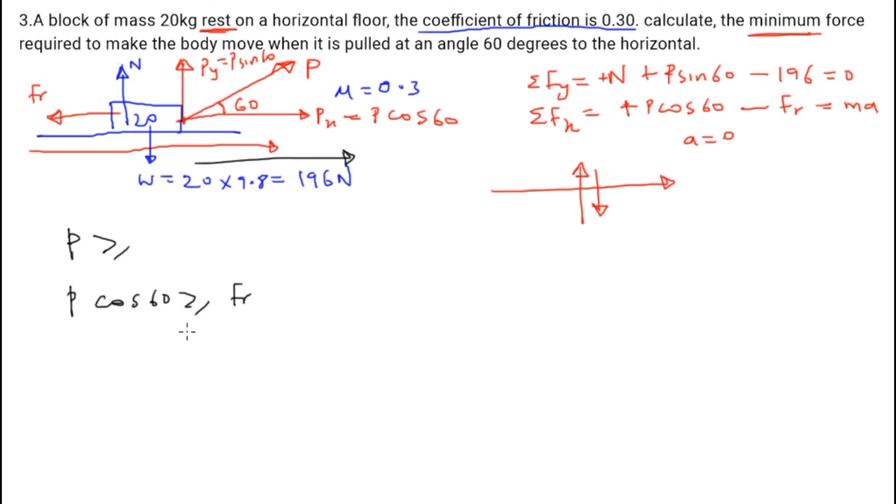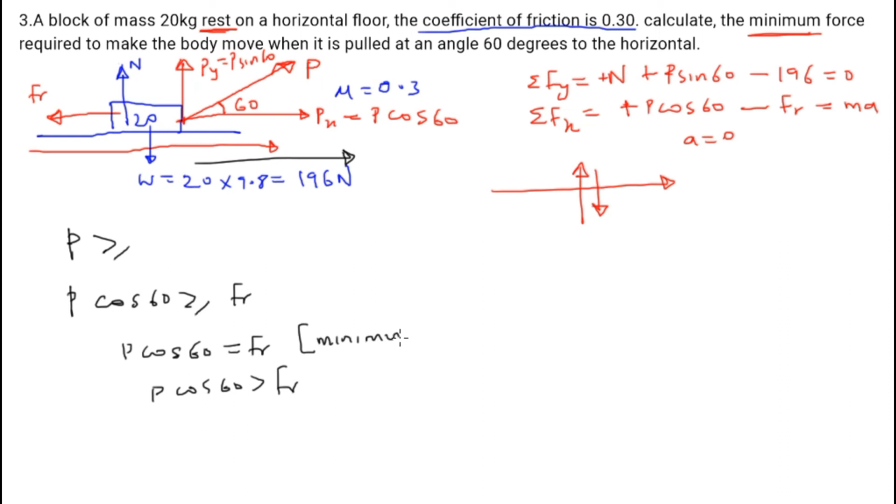So the minimum value is at the point of equality. Other values which are greater than Fr can also move the object, but this is the smallest value of P that will be able to move the object in that direction.